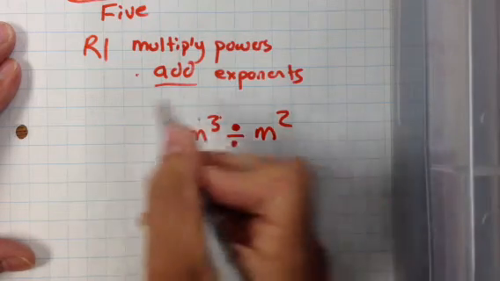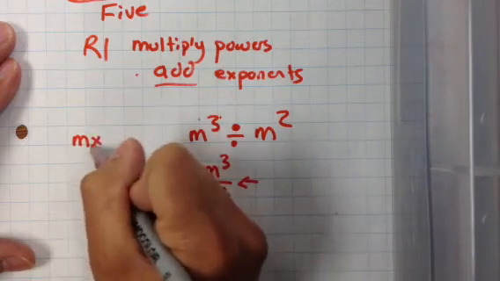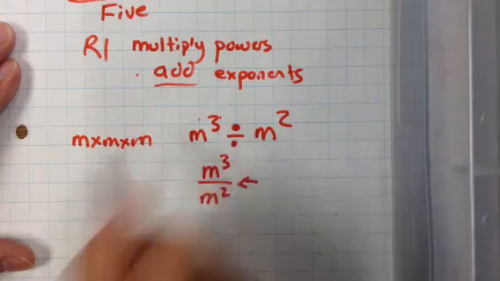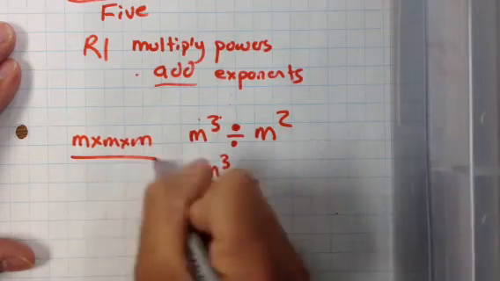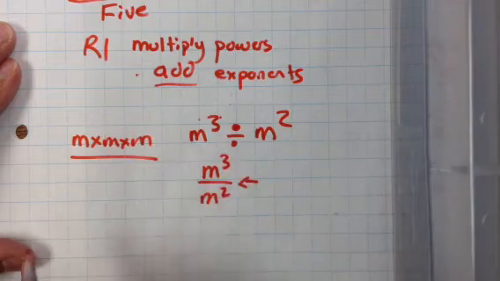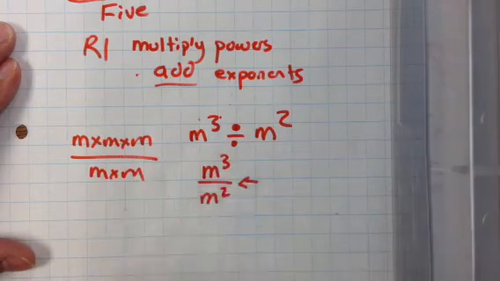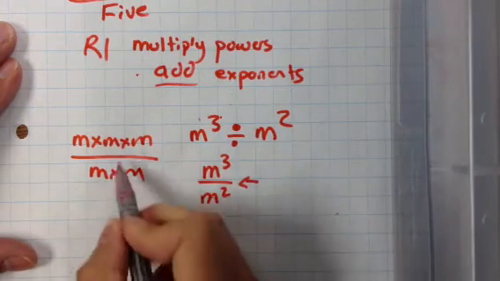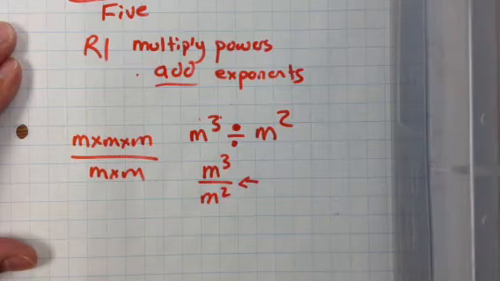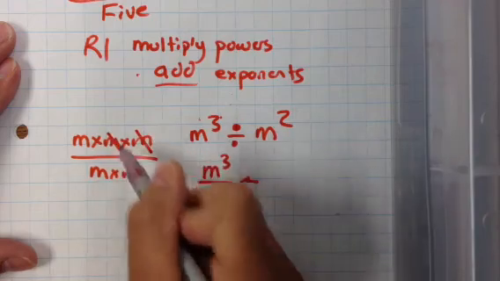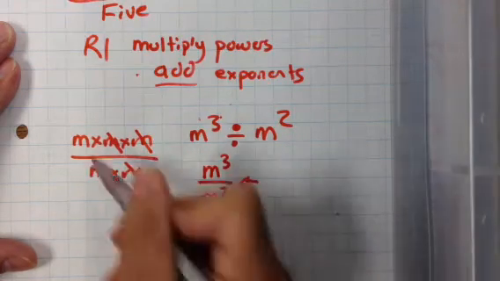If you think about it, if I wrote m to the 3 as m times m times m, and I divided it by m squared, or m times m, remember, when we have fractions, we can cancel things. So that m can cancel with that m, and that m cancels with that m. How many m's are left?